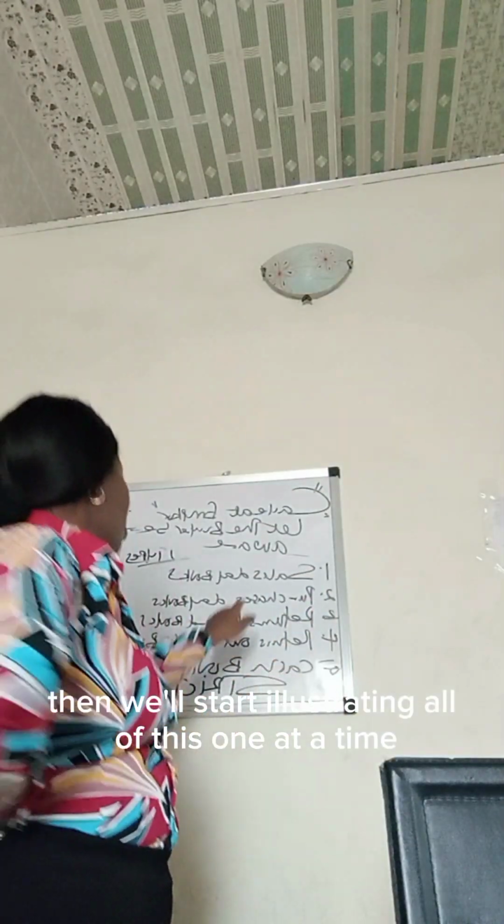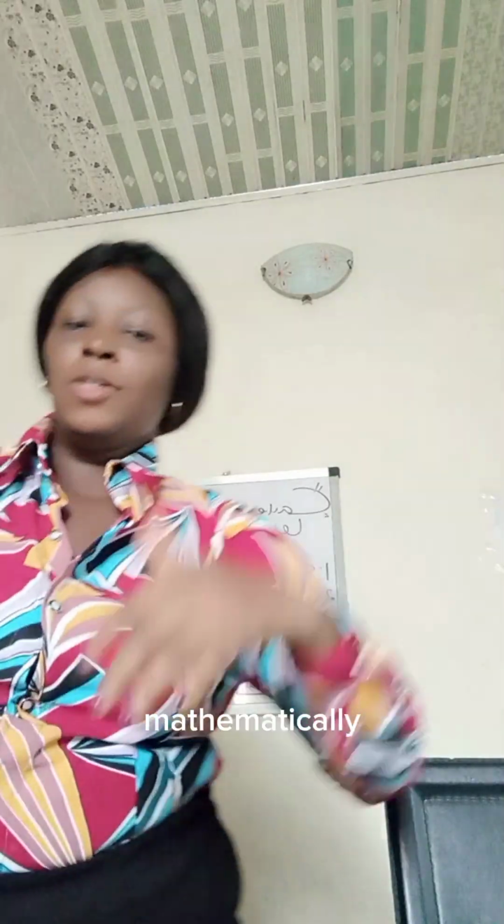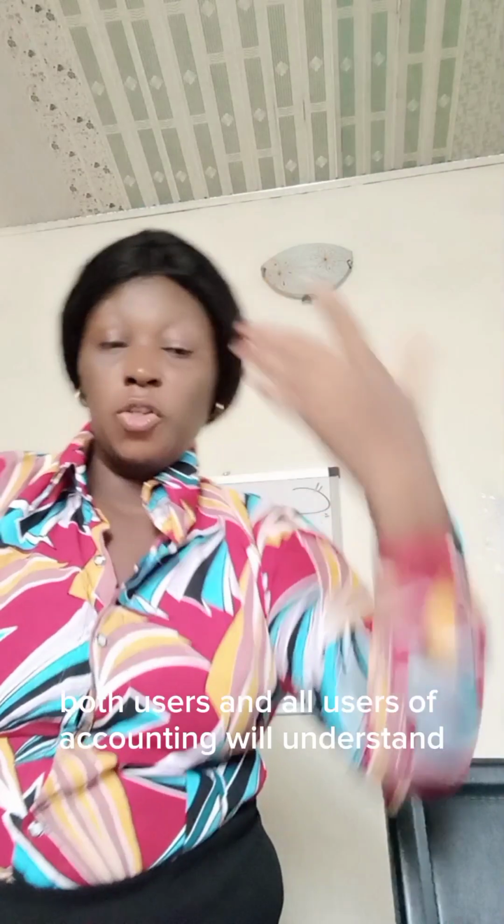It's very important you understand discount the way it is and why you must grant discount as a business person. Is that understood? So when we talk about discounts, then we'll start illustrating all of this one at a time mathematically so that readers will understand, students will understand, and of course both users and non-users of accounting will understand.